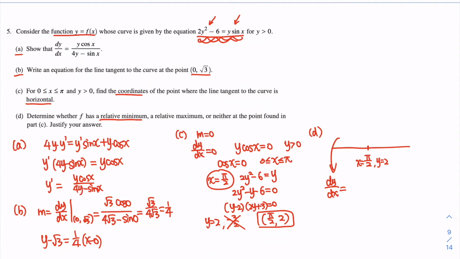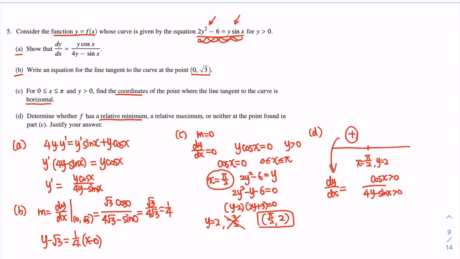On the left of pi over 2, cosine is positive. And because y is close to 2, 4 times 2 minus sine of x will also be positive. So on the left, it will be positive.